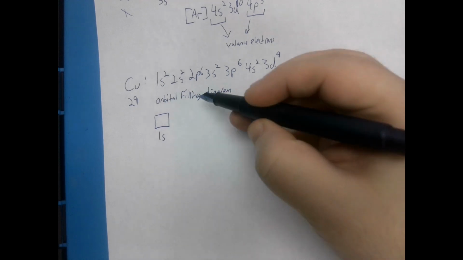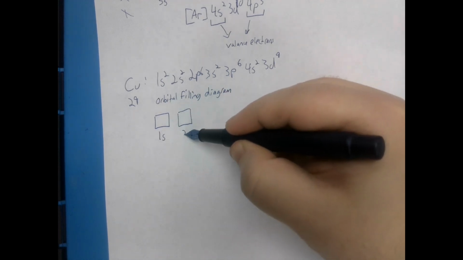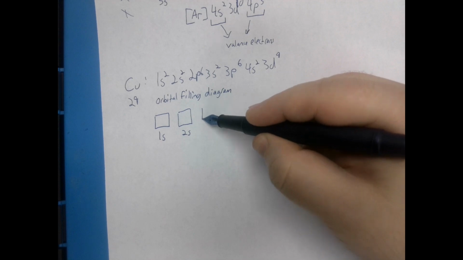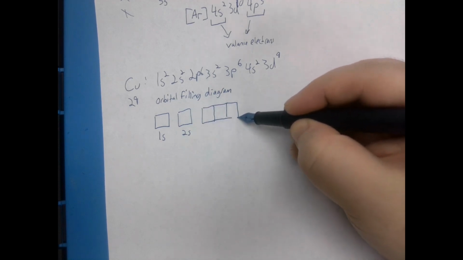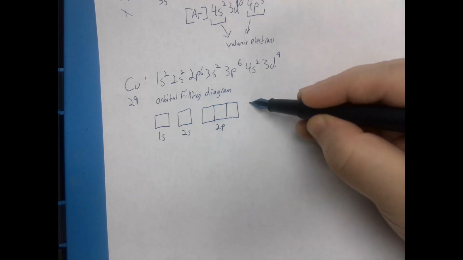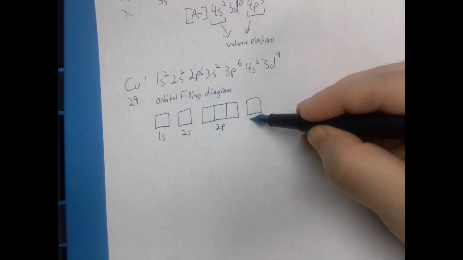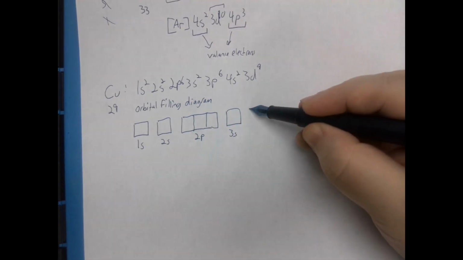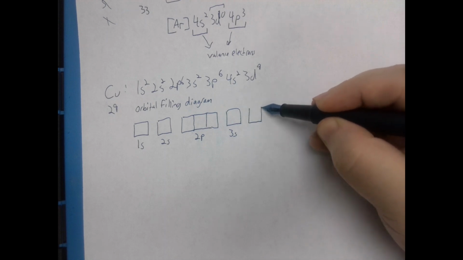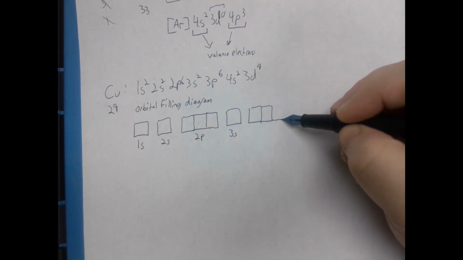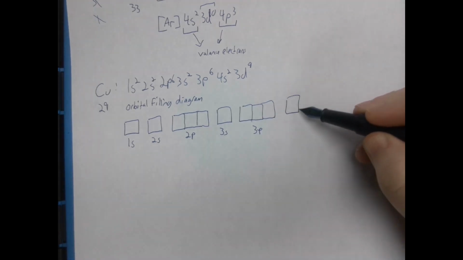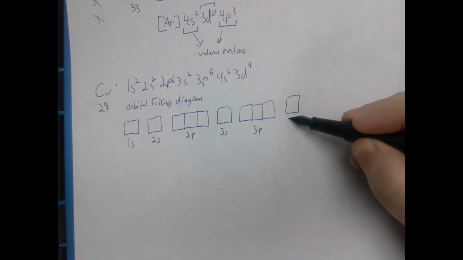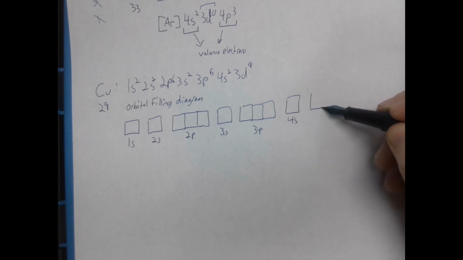So we have our 1s, our 2s, our 2p, 3s, 3p, or 4s.